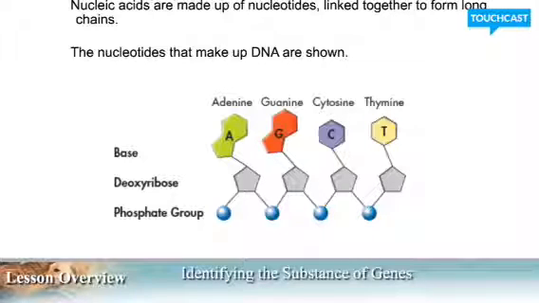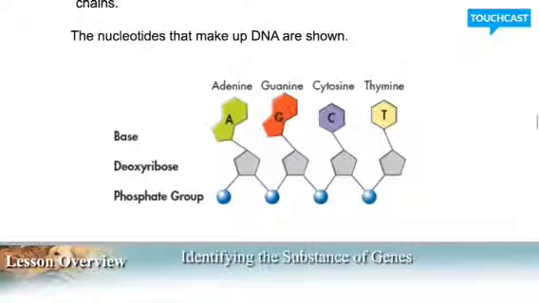Now, the sugar and the phosphate and the base are attached to each other through a bond known as covalent bonding. If you remember in chemistry, covalent bonding happens between two non-metal atoms.